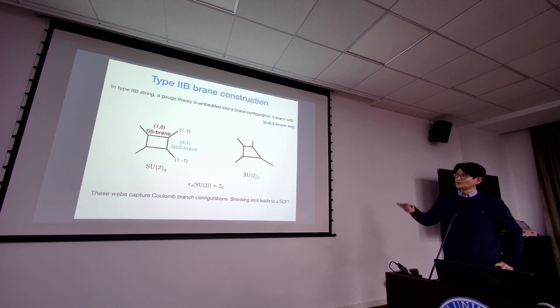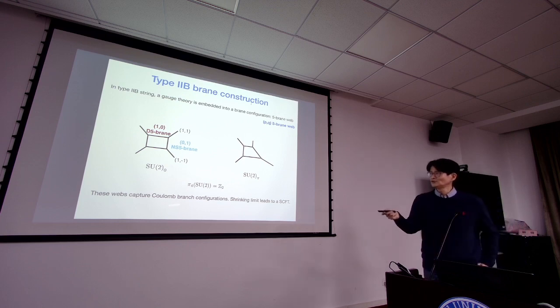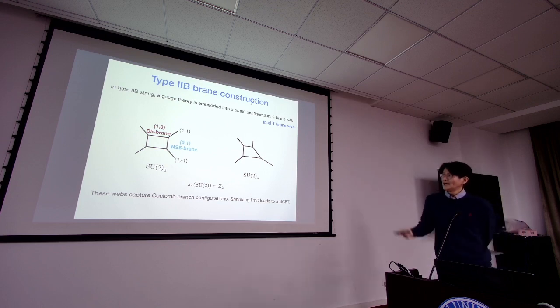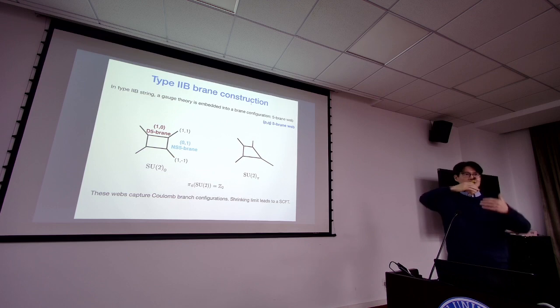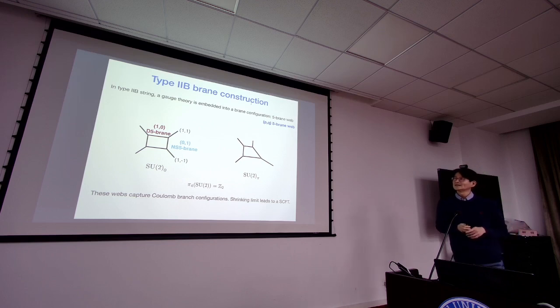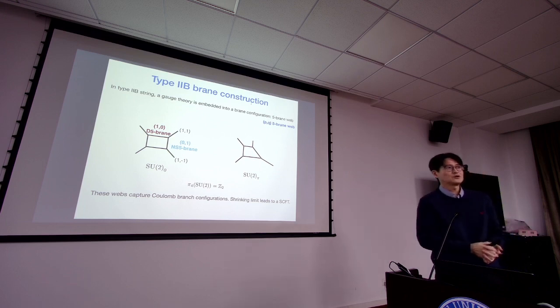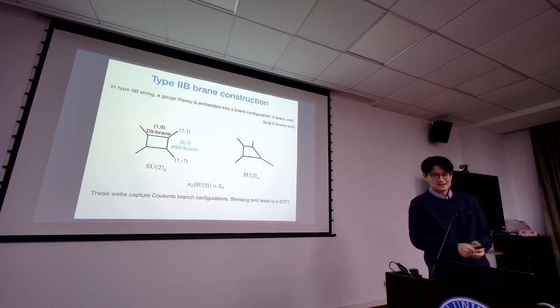Anyway, the BPS states in this type IIB brane configuration actually capture the Coulomb branch configuration. So basically, this is under some expectation value of the scalars in this SU(2) theory, and the shrinking limit gives rise to the superconformal theory where there are no scales.